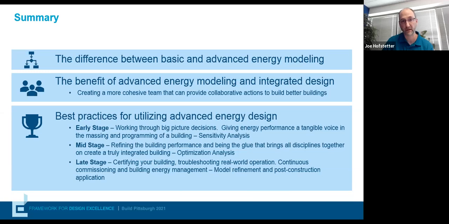If there's anything you take away, the key things for the modeling person on the team are how we look at our early stage, mid stage, and late stage energy model inputs and outputs, in regard to our sensitivity analysis, to help make those early decisions, optimize the overall performance of the building through that mid stage, and then finally troubleshooting, getting as close to our real world results as we can.